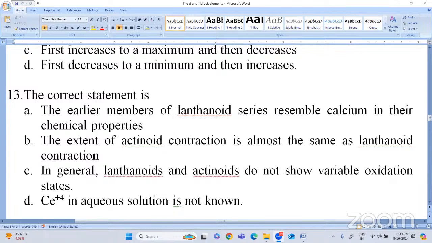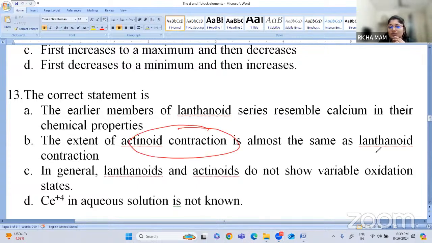So when you see the actinoid contraction, it is almost the same as that of lanthanoid. Now, the external contraction, it is due to what?